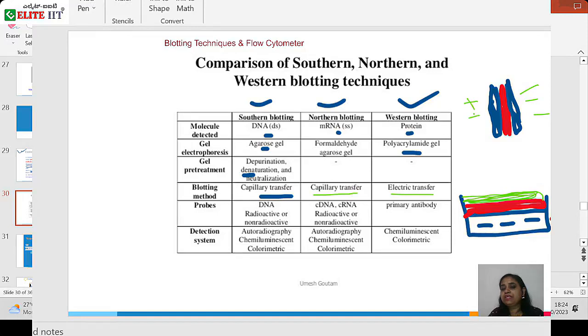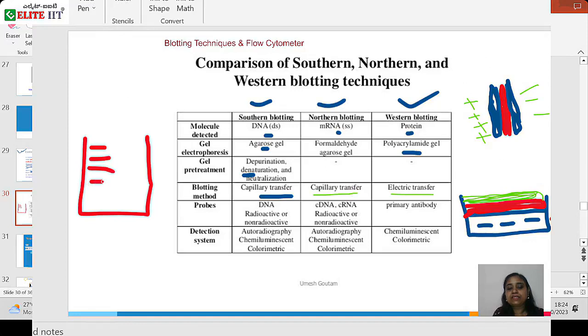In this way, if several bands are there in the gel in the mixture, you can separate them and the resolution will be better. What I am trying to explain is, in a gel several bands are there.